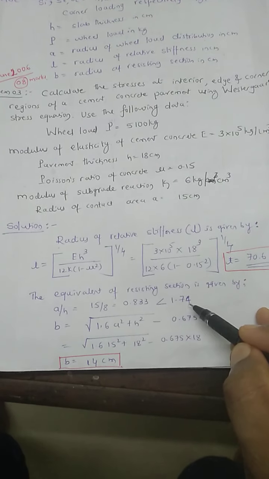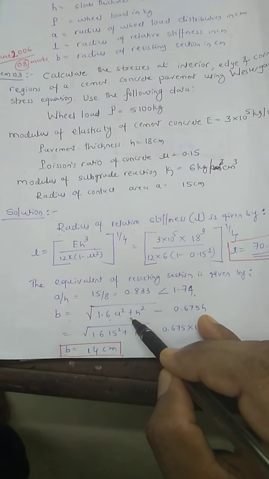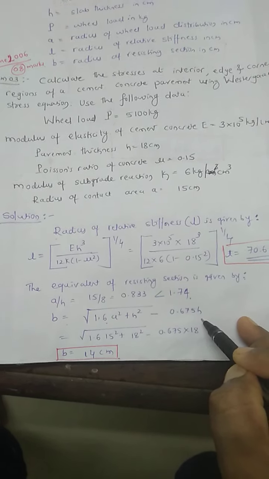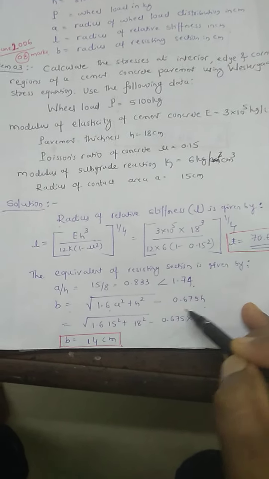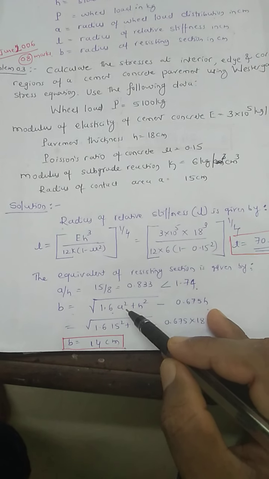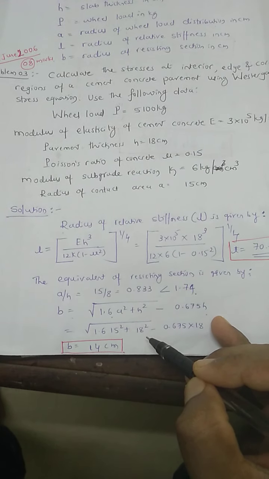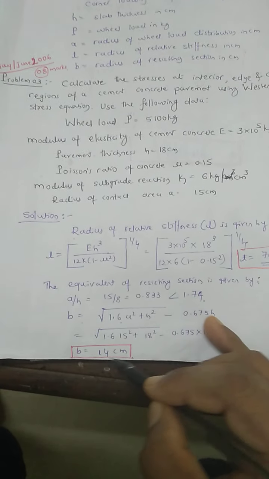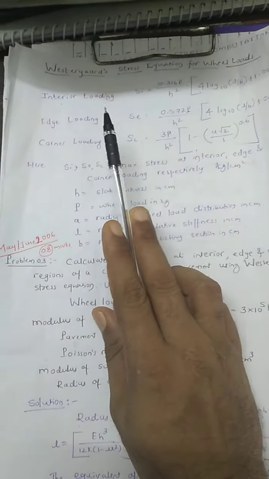If it is lesser than 1.724, we use this formula, B equals square root of 1.6 A square plus H square minus 0.675 H. This is the formula to find the equivalent radius of resisting section. So 1.6, A is 15, plus H is 18 square, minus 0.675 into 18, H is 18, so B is 14 cm.